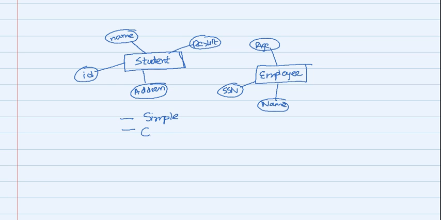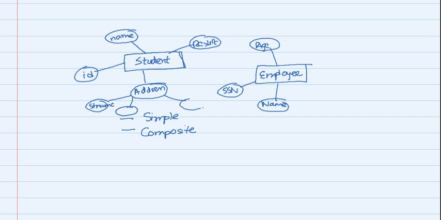The second one that we have is composite. Now, what's a composite attribute? A composite attribute is just a division of one attribute. So address can have other properties like street name, zip code, city, state, and country.